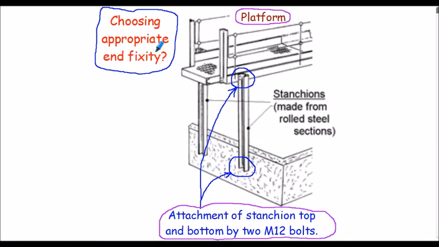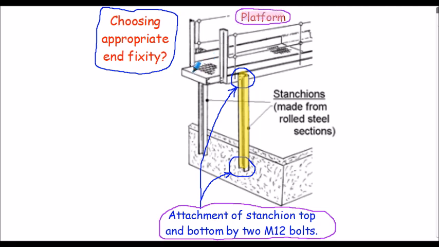Just to illustrate how to consider the fixities of struts in industrial situations, here's a design I was involved with many years ago as a junior design engineer. We were essentially designing this stanchion here, which is actually made from a rolled steel channel section. There were 2 of these stanchions, these struts, supporting this platform here.